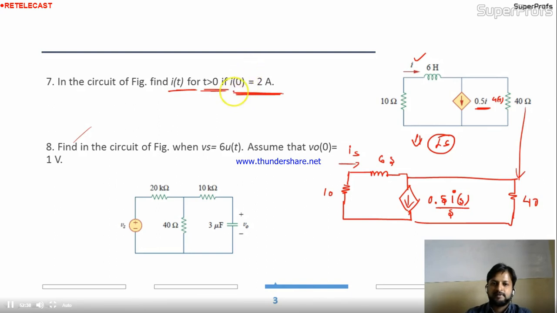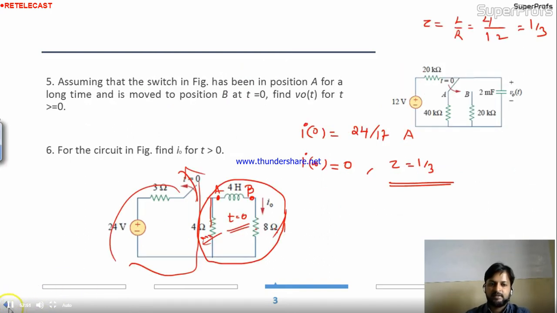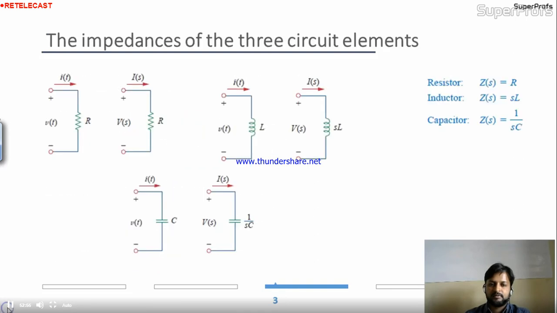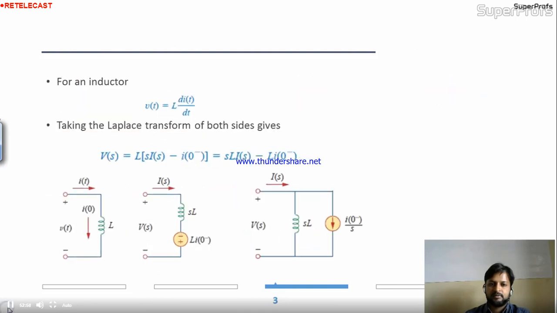Now see friends, they have given the initial values. Whenever an inductor has an initial value, how do we replace it? I think you have seen this; we already discussed it. Here is the inductor. If the initial values are given, then in series we'll add that initial value multiplied by L into I0.